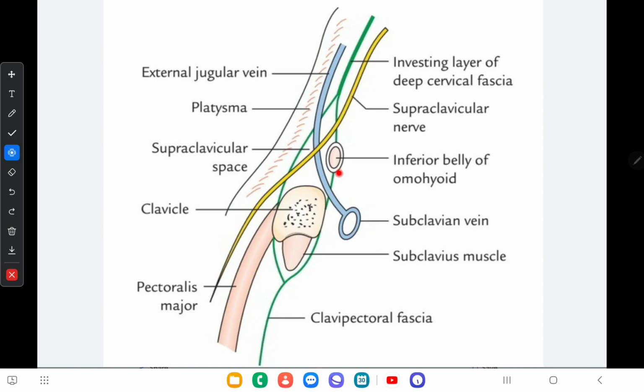This space contains the terminal part of the external jugular vein. Here you can see the external jugular vein coming down. The terminal part is contained in this supraclavicular space, and supraclavicular nerves are also there. Here you can see the supraclavicular nerve.